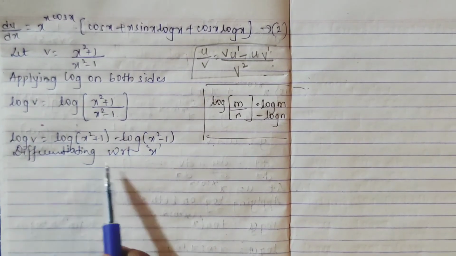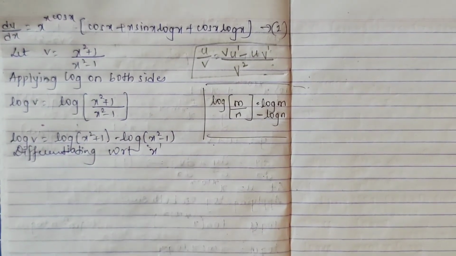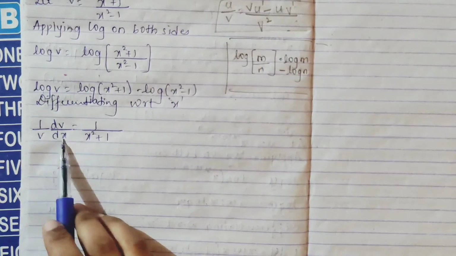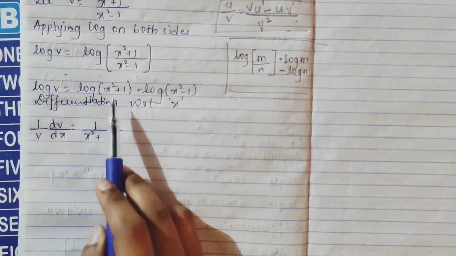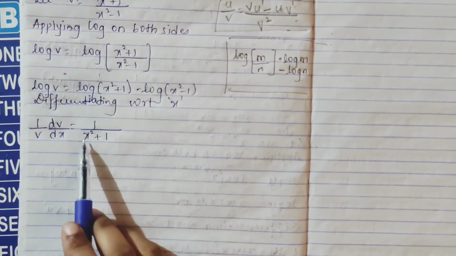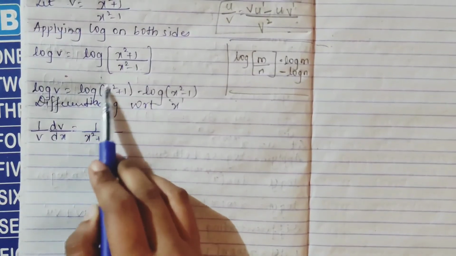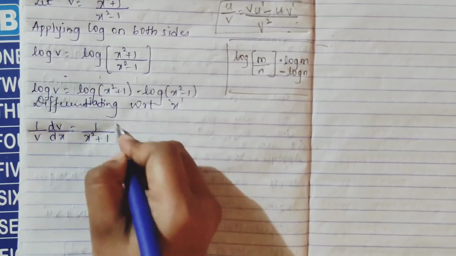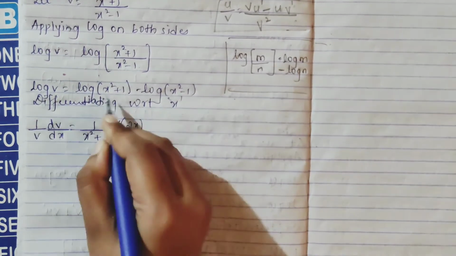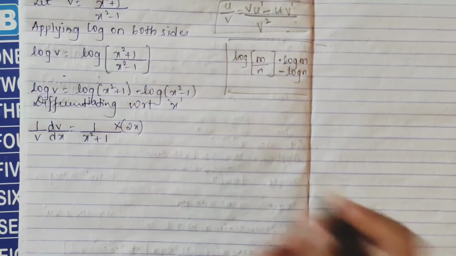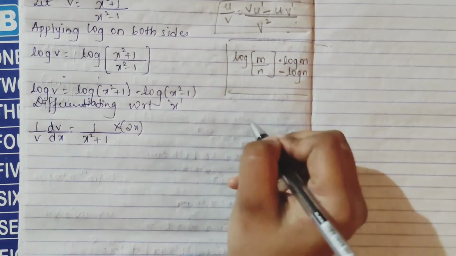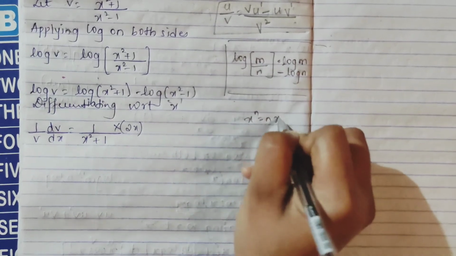Now differentiating with respect to x, this will be 1 by v dv by dx. Log x differentiation is 1 by x, x value is taken as x square plus 1, again here it is x square, so the interior differentiation will be 2x. Of which form you have to take, x raised to n, x raised to n differentiation is n x raised to n minus 1.